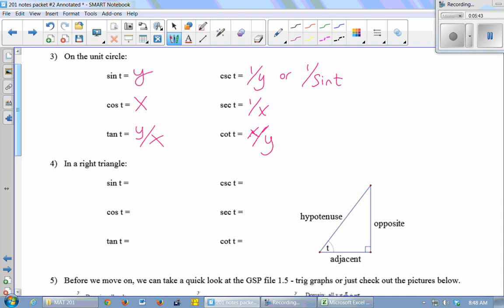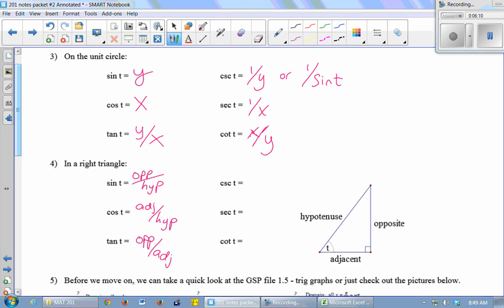But what if we want to define the trig functions in a right triangle? What's the sine of t then? Opposite over hypotenuse. Cosine, adjacent over hypotenuse. And tangent, opposite over adjacent.